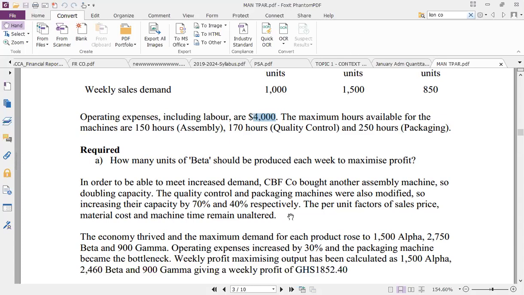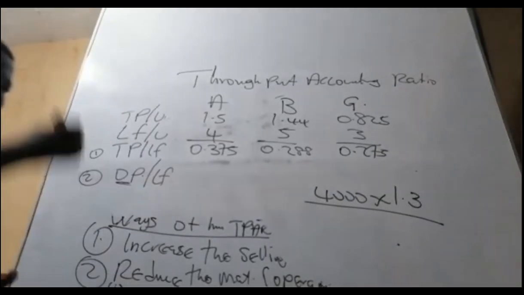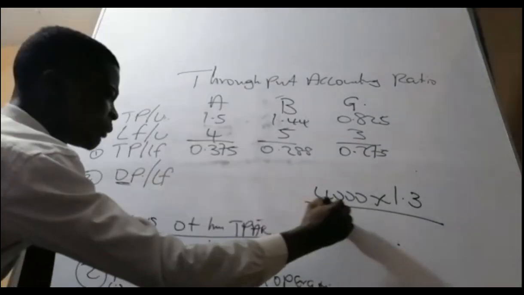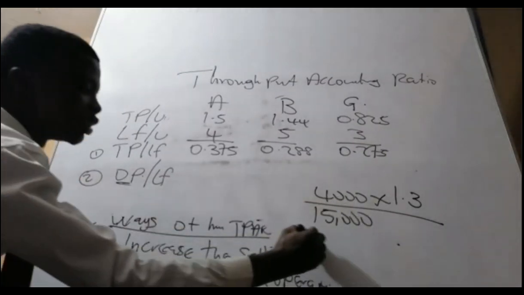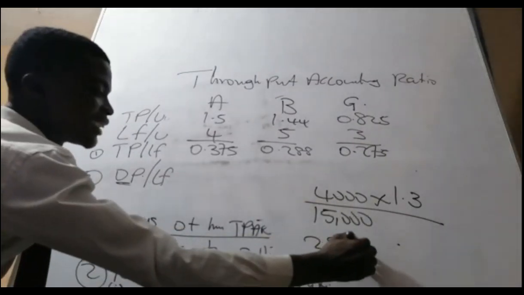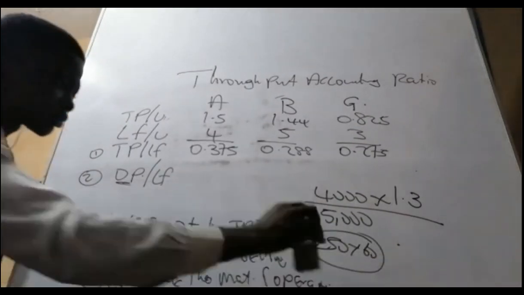Packaging increased by 40. So the old packaging minutes, we have to increase by 40. And the old packaging minutes that we have is 15,000. Why 15,000? It was 250 by 60, from the first calculation. You'll be fine.